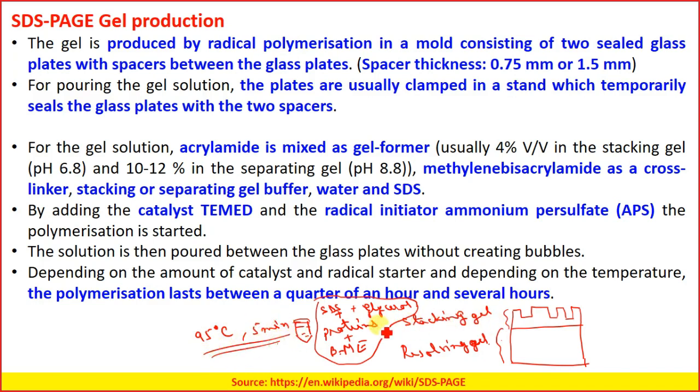Once we do that, the denaturation is completed. This resolving gel, as I said, is 10 to 12% gel, and it has a pH of 8.8. Whereas the stacking gel has a pH of 6.8. Another important thing I forgot, there can also be a buffer in the sample, a basic buffer, a tris glycine buffer.